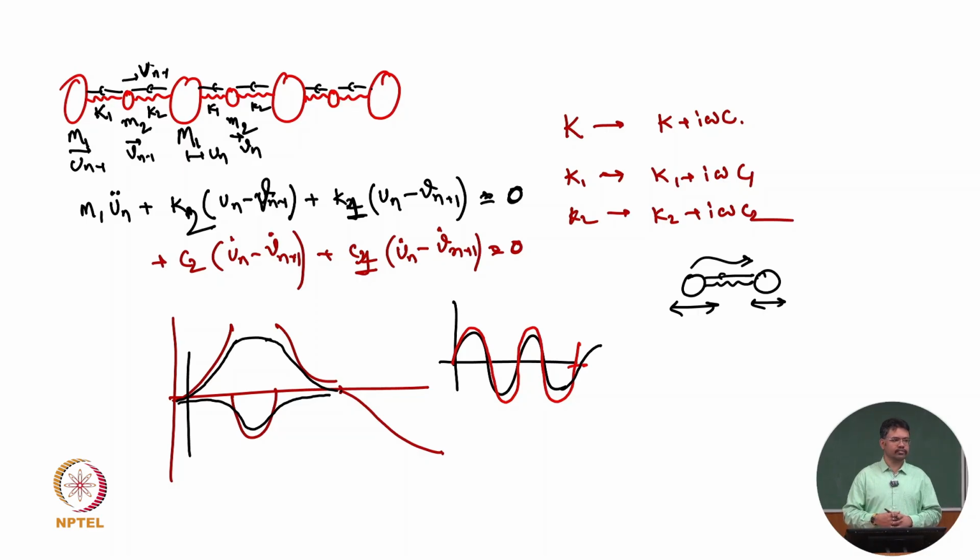Make sense? This will be Vn. So this is the additional point coming due to the presence of damping. Without damping, this would not happen.